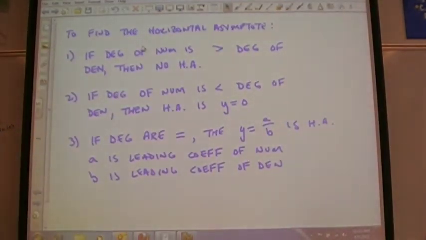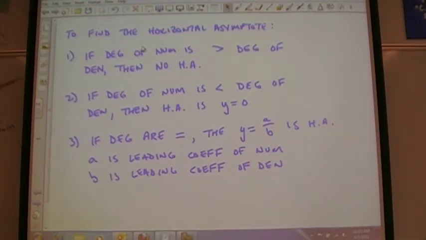If the degree of the numerator is greater than the degree of the denominator, then there is no horizontal asymptote. What is the degree? The exponent. The largest exponent of both the numerator and denominator that goes with the variable, right? So you have to think back to what degree is.